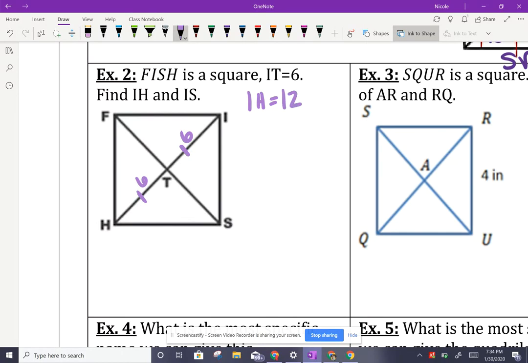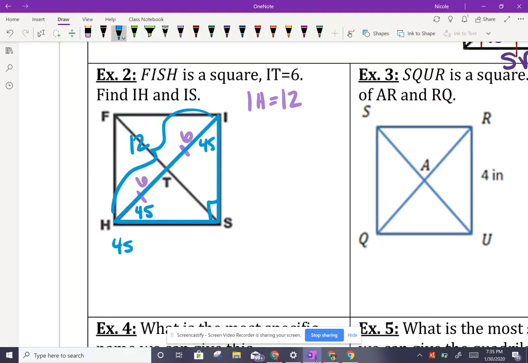And then IS, so one thing you can think about is that you create a triangle here. And this is also a 45, 45, 90 triangle. Your hypotenuse, we just discovered is 12.